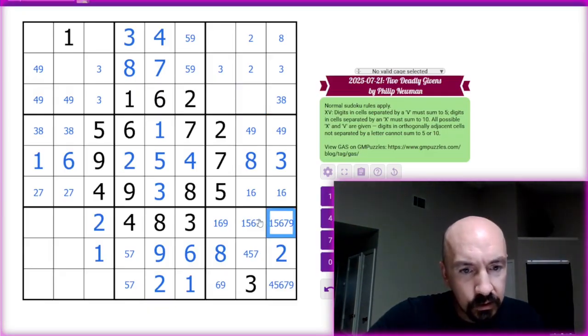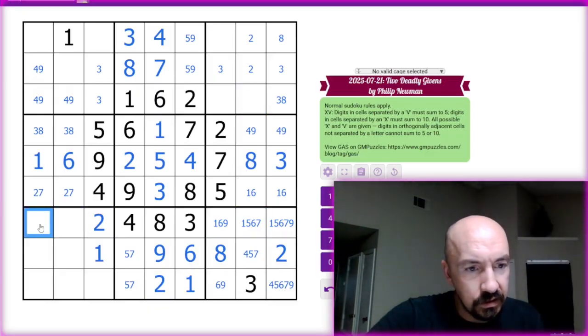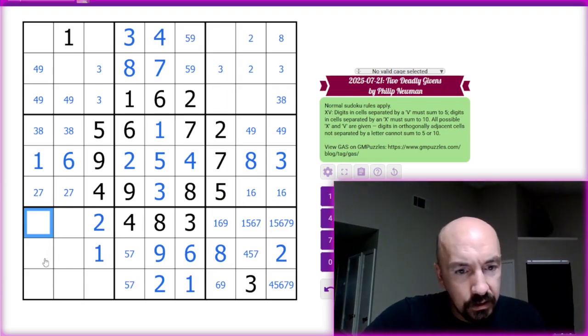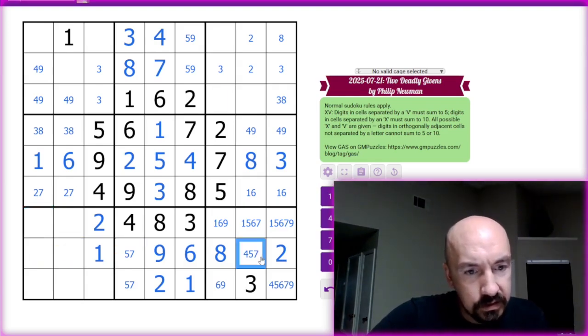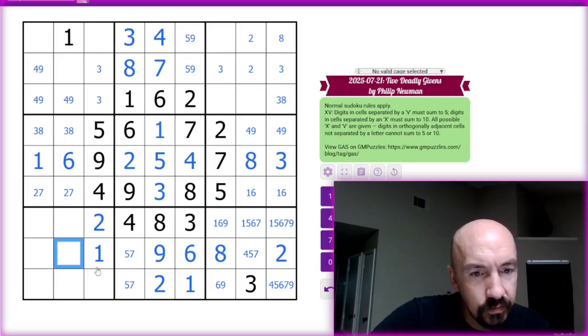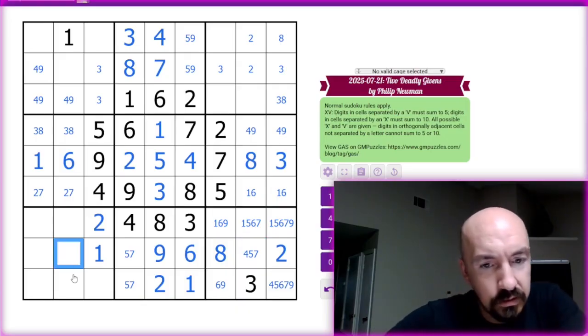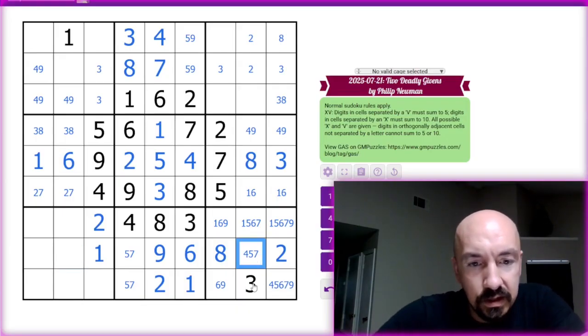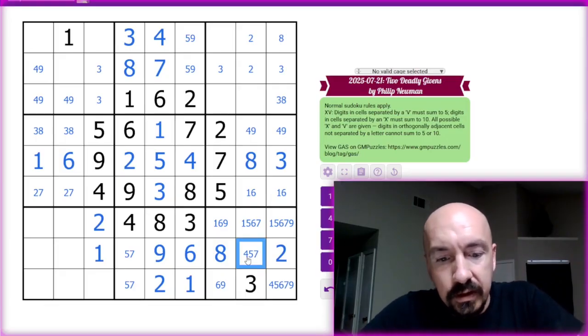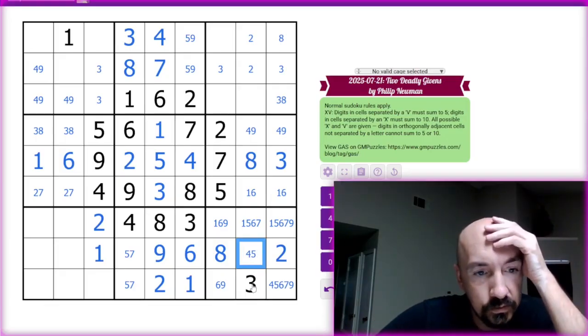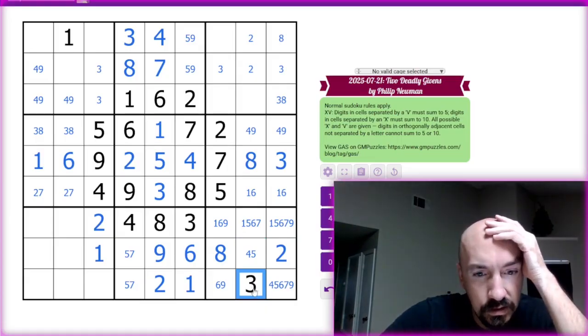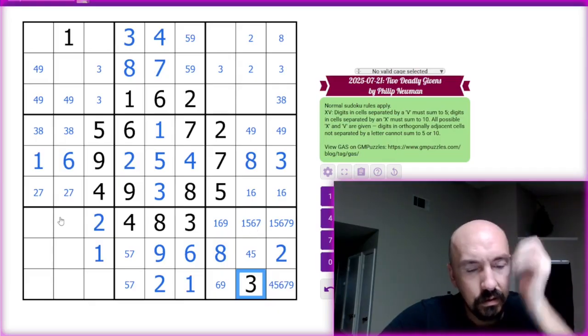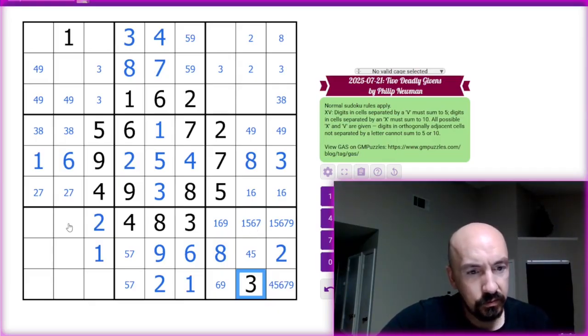1, 5, 6, 7, and 9. 3, 4, 5, and 7. So this can't be a 4. Oh, this can't be a 7 because it sees the 3. Okay, so that's a 4, 5 pair. 3, 4, 5, and 7.